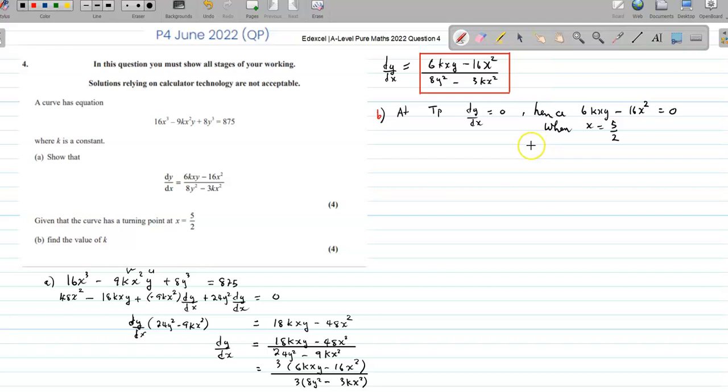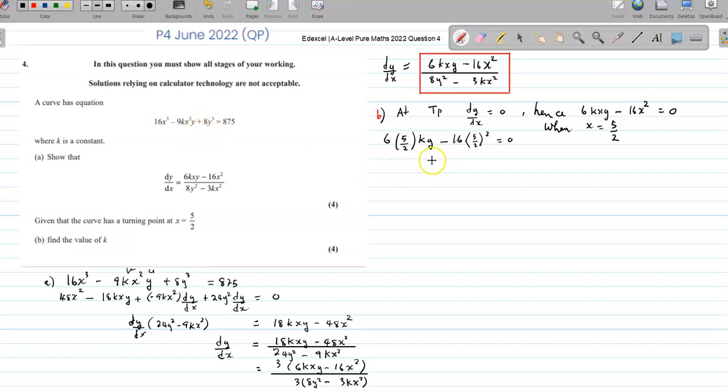So it means that we would have 6 times the value of x, which is 5/2, and then we have ky. So we want to find the value of y, so we can substitute it in this equation and then we can solve for k.